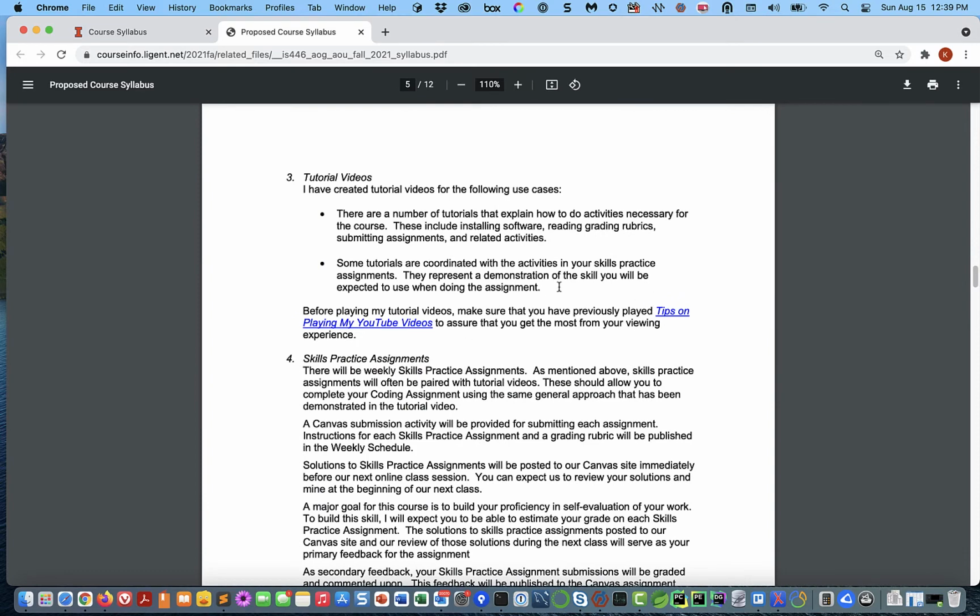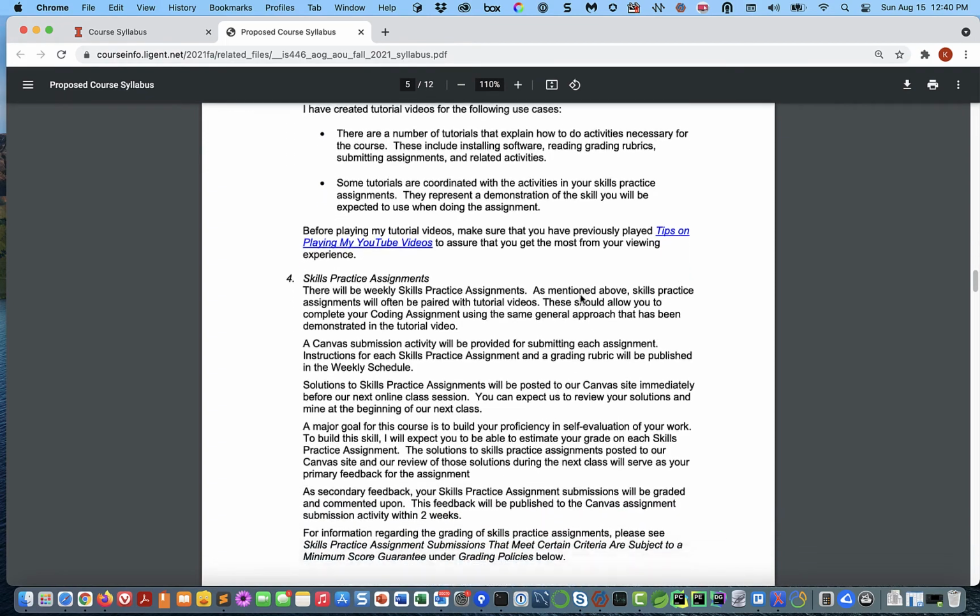When we get into doing these systems analysis skills, where we're creating a diagram or some kind of document to document the requirements or to express the design, I'm going to have tutorial videos that you can play to see me do the activity before you have to do it for your skills practice assignment.